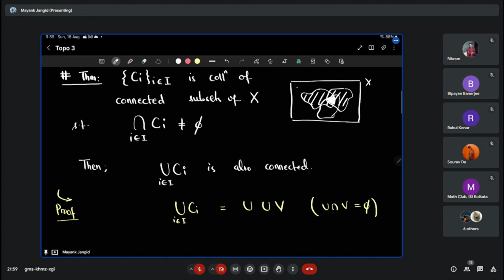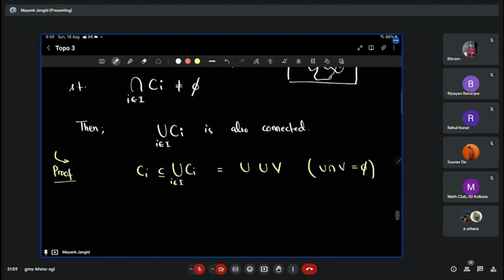Now each Ci is a subset of this, therefore each Ci must belong to one of these by the connectedness of the Ci's. Therefore, Ci is contained entirely in U or entirely in V.